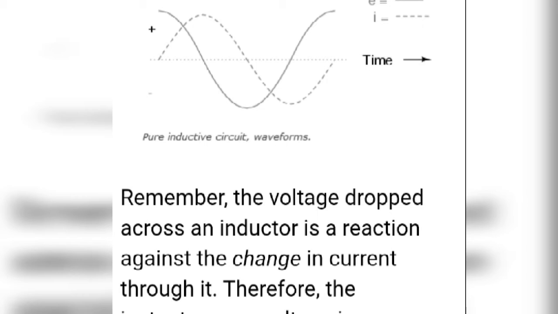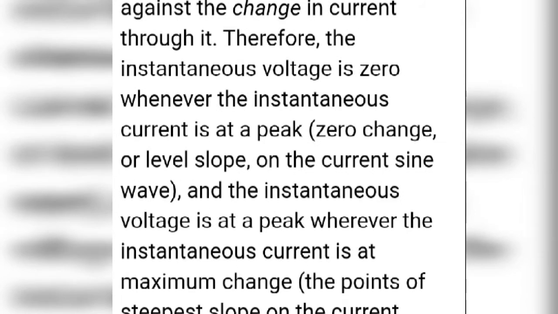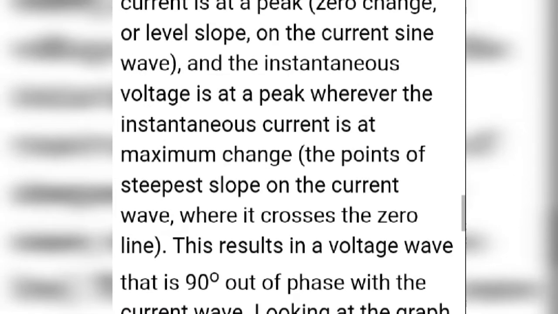Therefore the instantaneous voltage is zero whenever the instantaneous current is at a peak, where the slope of the sine wave is level. The instantaneous voltage is at its peak whenever the instantaneous current is at its maximum change, at the points of steepest slope of the current wave where it crosses the zero line. This results in a voltage wave that is 90 degrees out of phase with the current wave.